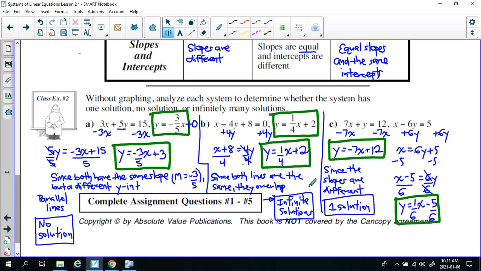Okay, and we determined all three of these, A, B, and C, without doing any graphing. But again, you could graph just to confirm it.